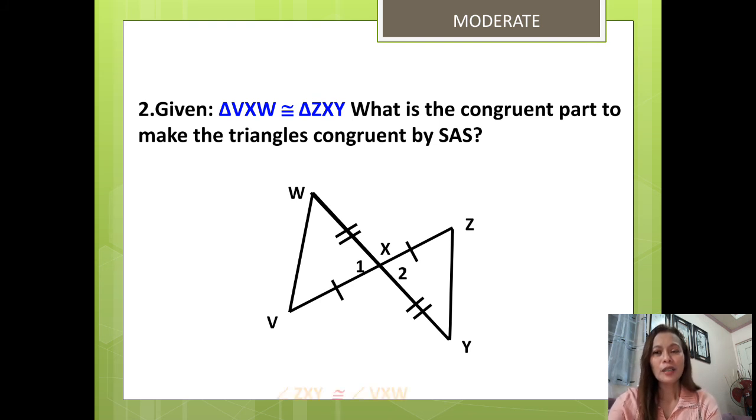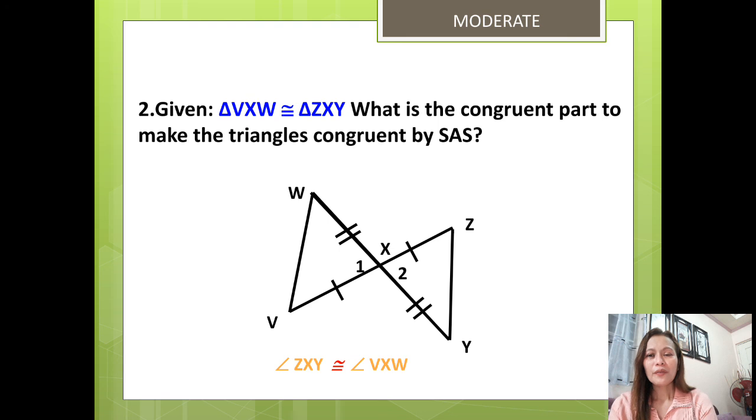The answer is, using 3 letters, angle ZXY is congruent to angle VXW, or same as X. Or using the number, angle 2 is congruent to angle 1. Angle 1 is congruent to angle 2.